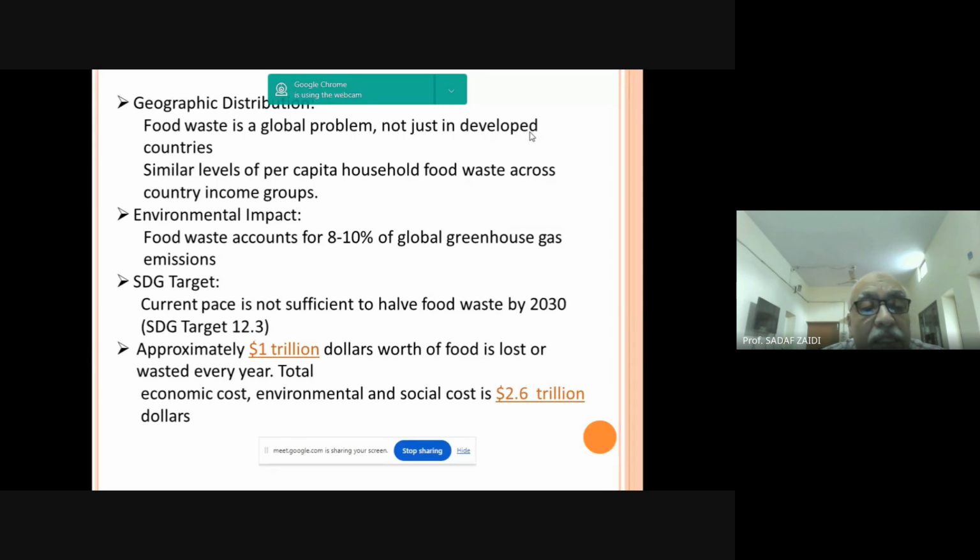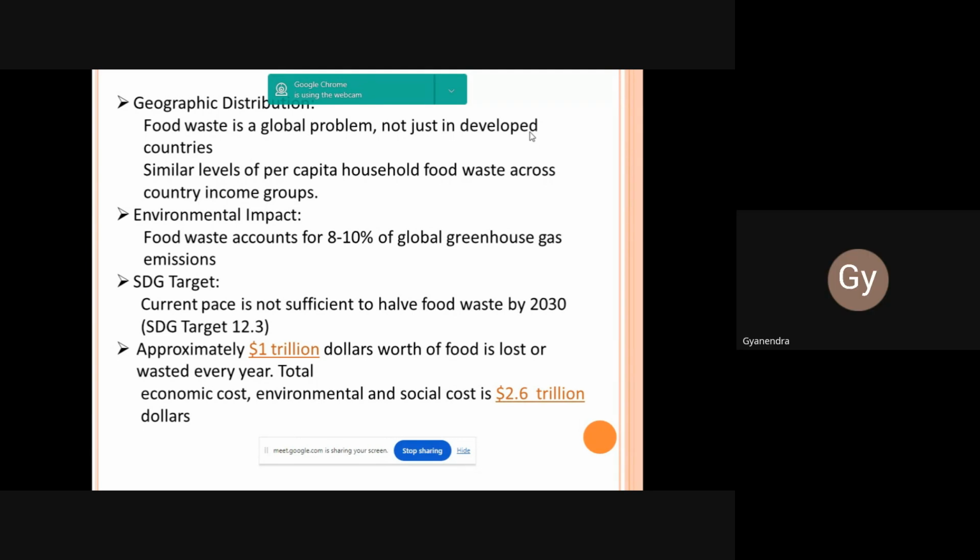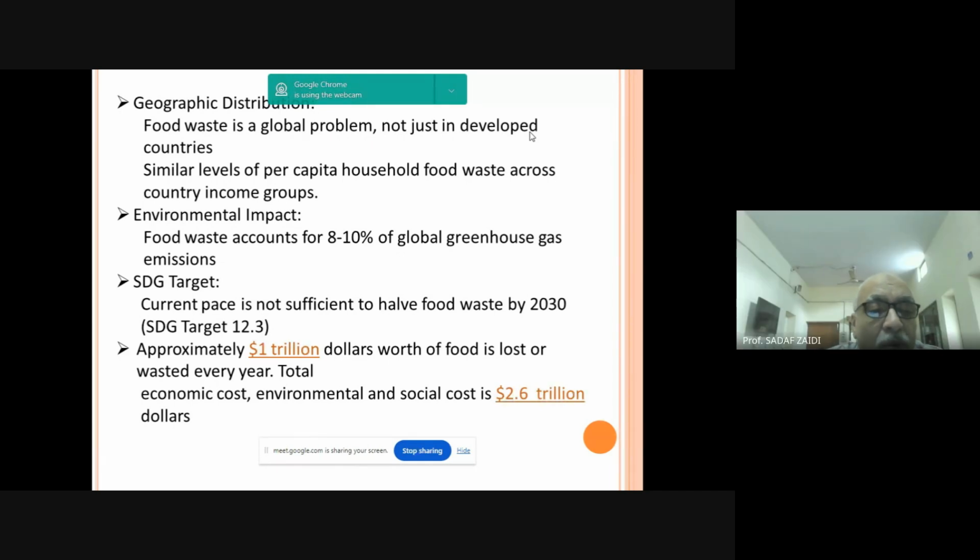Now, the other thing is the SDG target. Can anybody tell me what this SDG stands for? Sustainable Development Goal. Very good. So Sustainable Development Goals. In 2015, the UN General Assembly said that enough is enough. The world is going into using things indiscriminately, and we have to have a sustainable world.